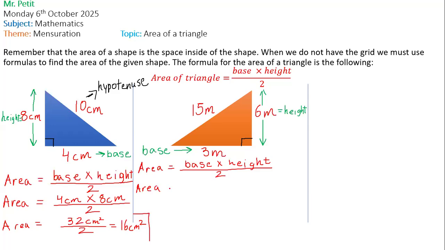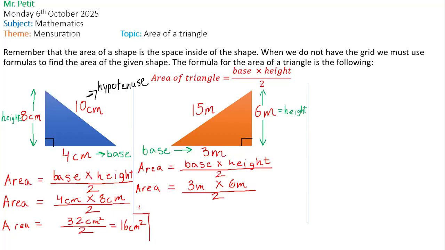So area is going to be equal to, what is base? 3 meters. Very good. And height is going to be 6 meters. What we have to do is divide all this by 2. So we can't forget to do that.